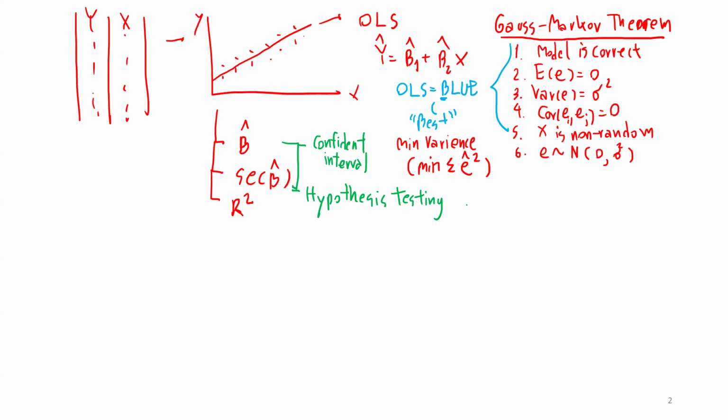And hypothesis testing, we have four steps, right? First you have H0 and H1. Second, you have to calculate. The third step, you have to open the table. And step four, you make a conclusion.